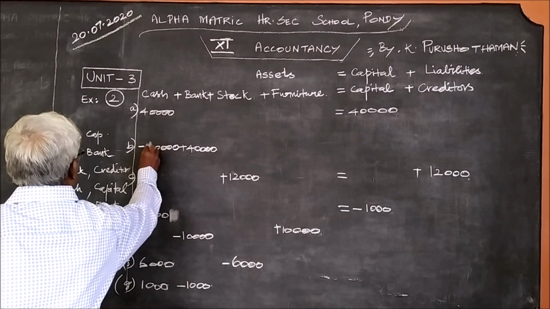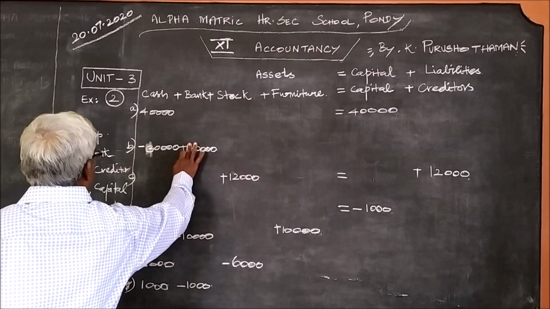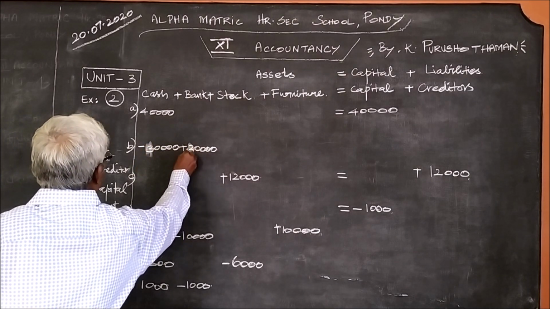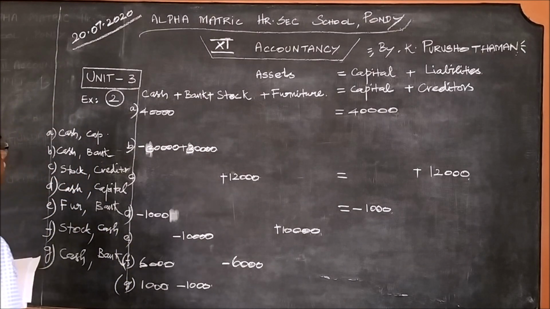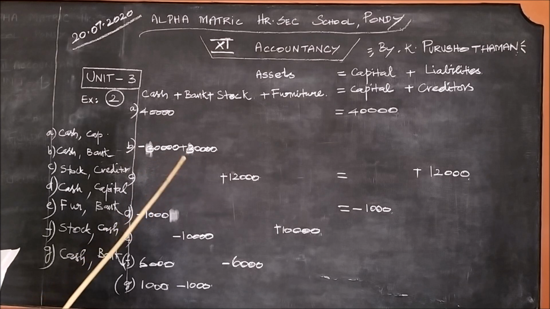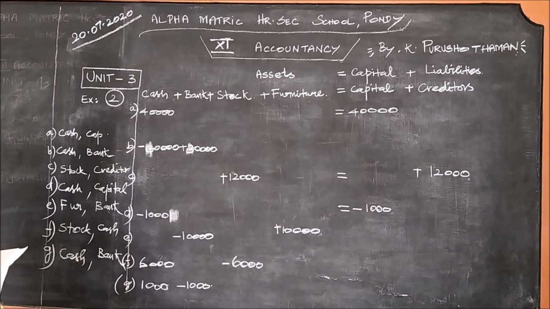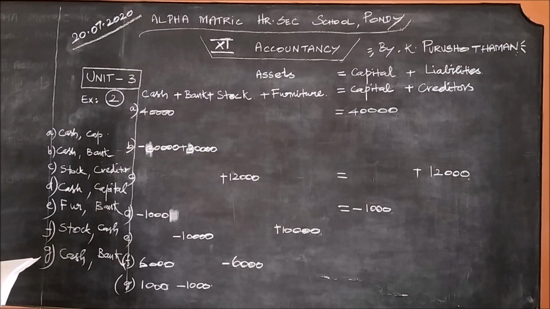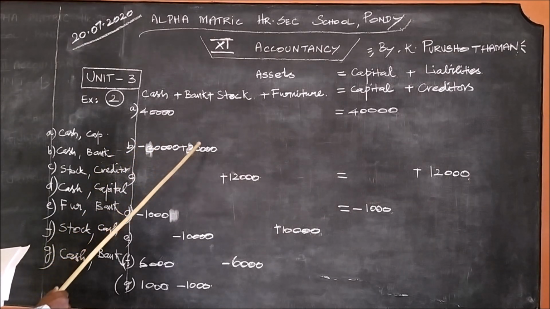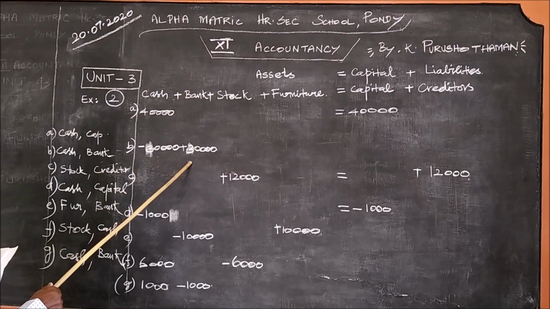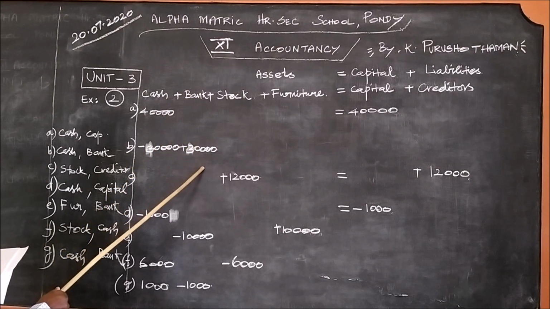It is the amount given in the sum. When we start the bank account by depositing 30,000, the 30,000 will go to the bank. It will reduce our cash in hand, therefore minus 30. It will go to the bank, it will increase the balance, therefore plus 30.